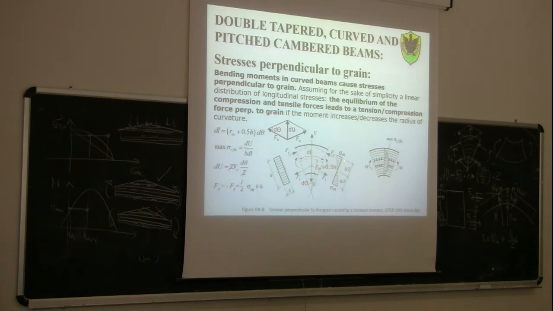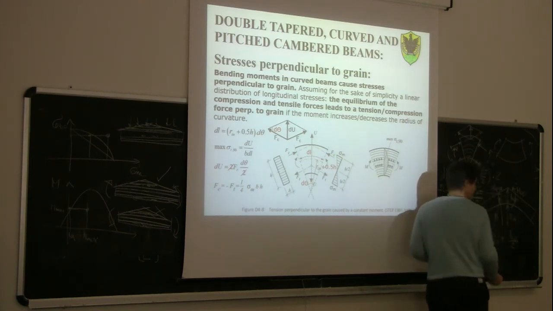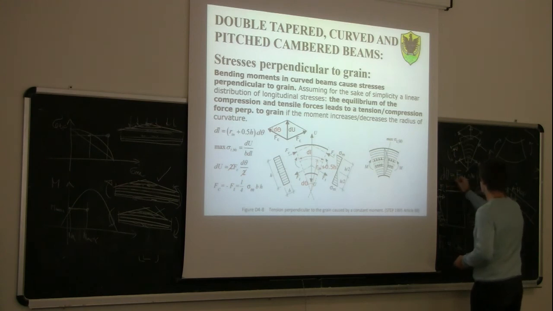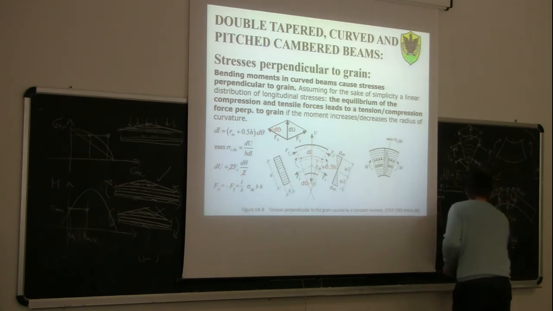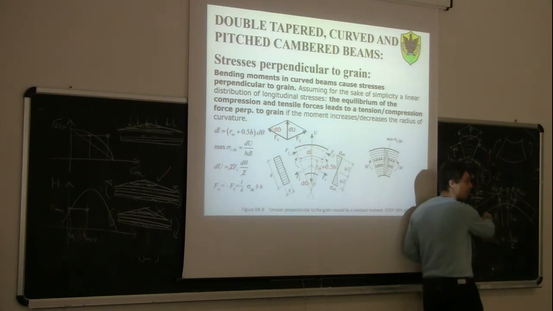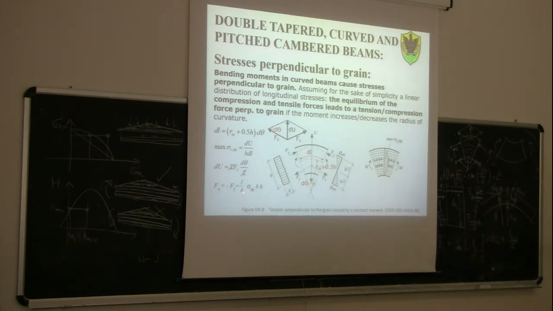So FC, if this is sigma N, FC will be sigma N times b times h divided by 2 and divided by 2 because it's a triangle. So you get this expression here. FC is 1/4 sigma N times b times h.